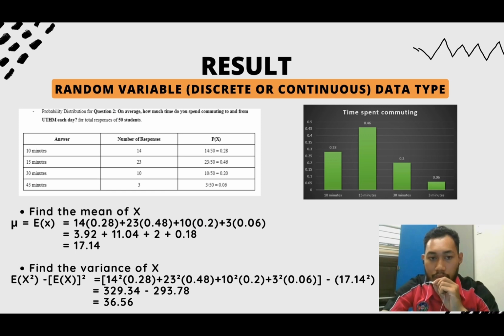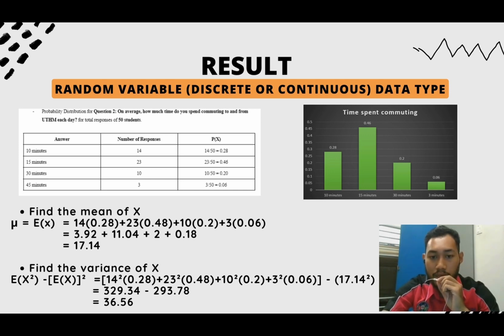Next, we will find the mean of x. We do this by multiplying the number of responses with the probability distribution and adding all of it, so we get 17.14. Next, we will find the variance of x.